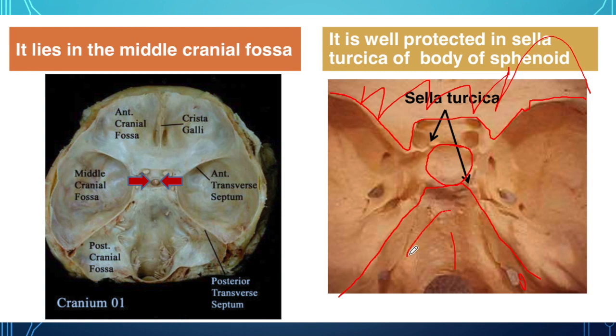All these parts are the posterior cranial fossa. The one in the middle, behind the wing of the sphenoid bone, is the middle cranial fossa, and this is a part of the sphenoid bone as well. So the pituitary gland sits in the sella turcica, which is a part of this sphenoid bone.